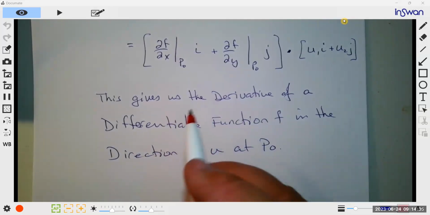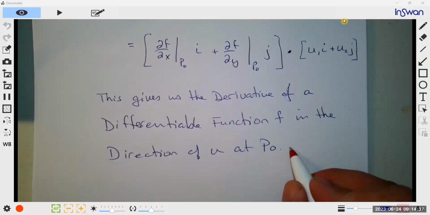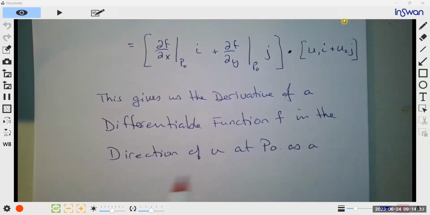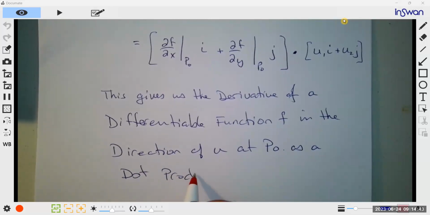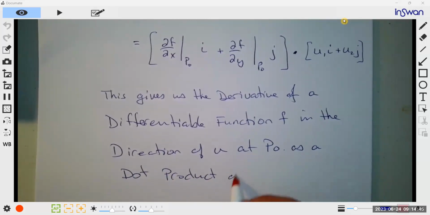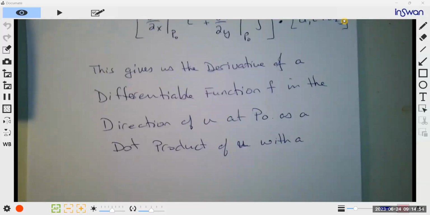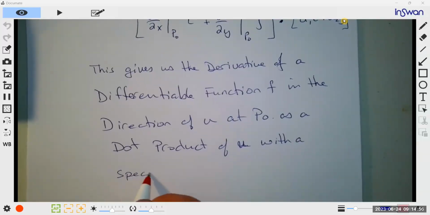This gives us the derivative as a dot product of u with a special vector.